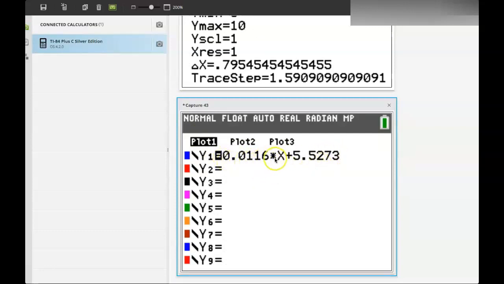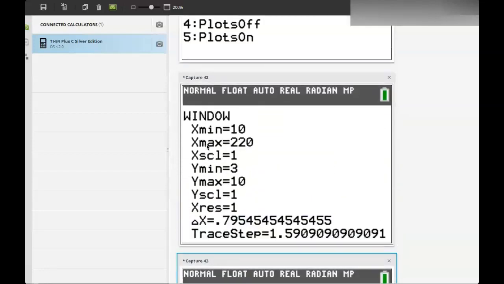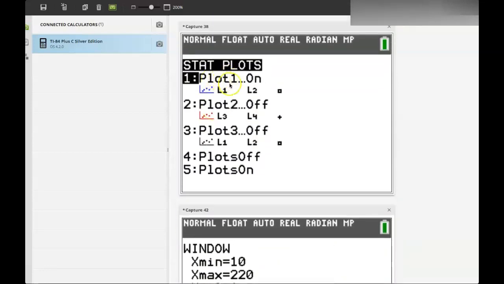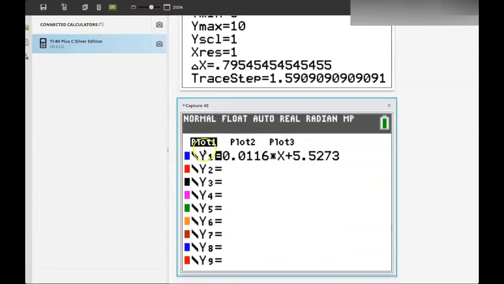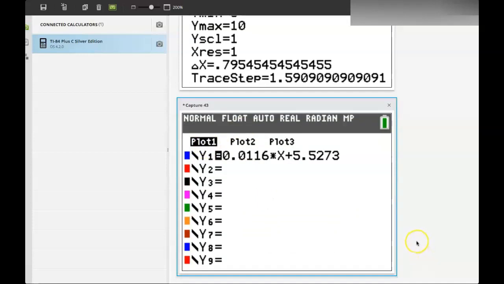This is the slope, multiplied by x, plus our y-intercept. After you enter this, make sure you have plot 1 on, because in the first step we chose to have plot 1 on. So same thing here, choosing the first one. And after that, we can graph.